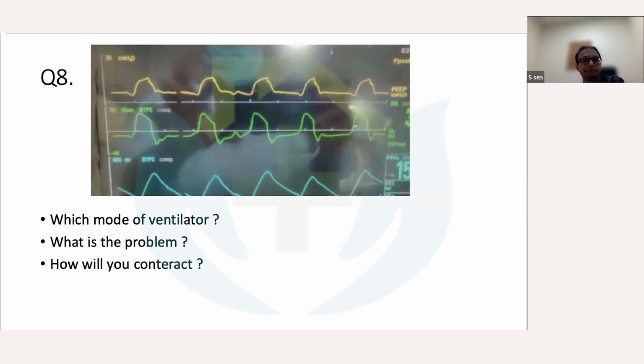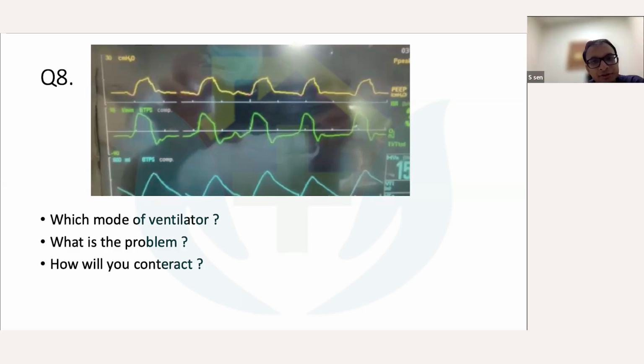Mode of ventilation: pressure, volume, is it pressure control? I'm not sure if it's control or not, but it's a pressure mode. And the problem here is ineffective trigger.